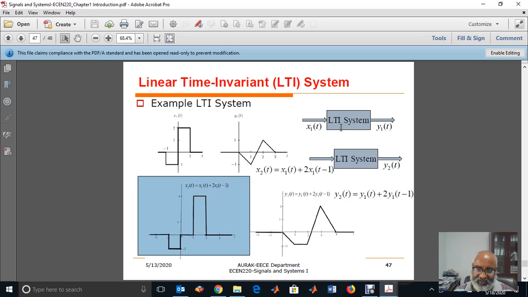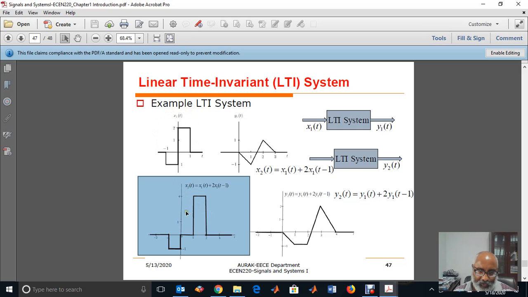Originally we are told the system is LTI, okay? And for input 1 I have output y1, and for input 2 what will be the output y2(t)? Then what should we do? We should try to relate the second input to the first input, and try to write x2(t) as a linear combination of x1(t).